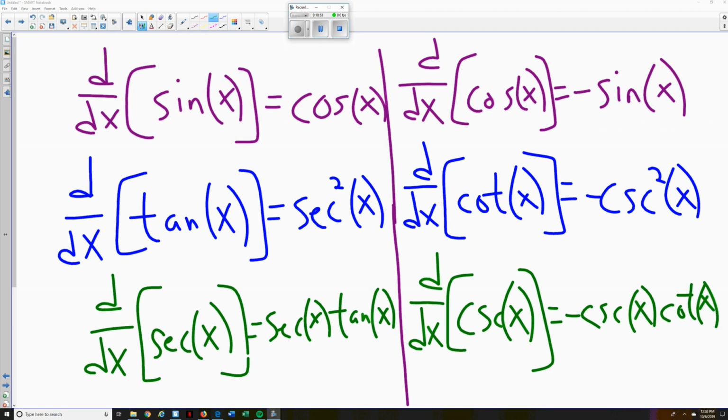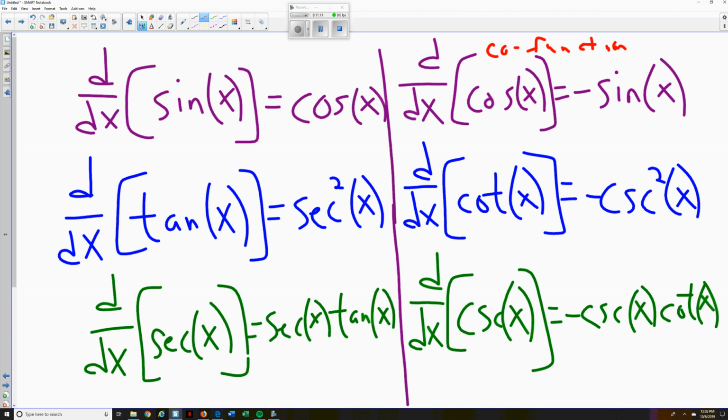But the reason I split it up this way, if you notice on the left, it's the derivatives of sine, tangent, and secant, and all those derivatives are positive. If you look on the right, it's the derivatives of all the co-functions.